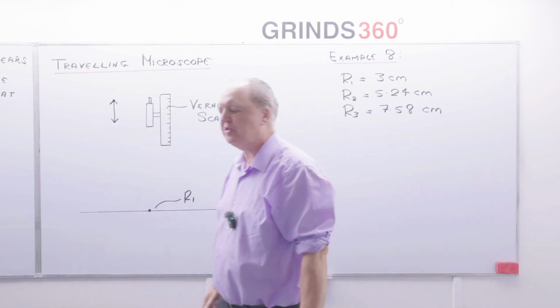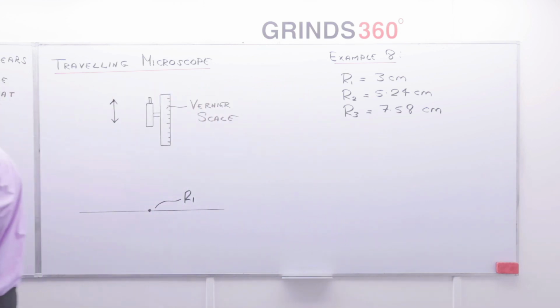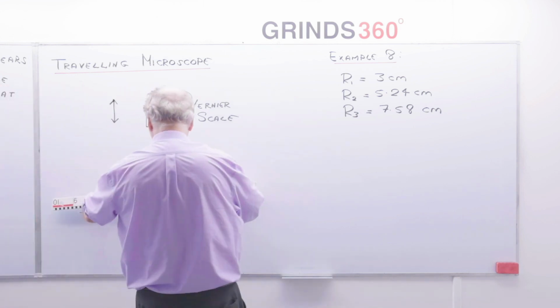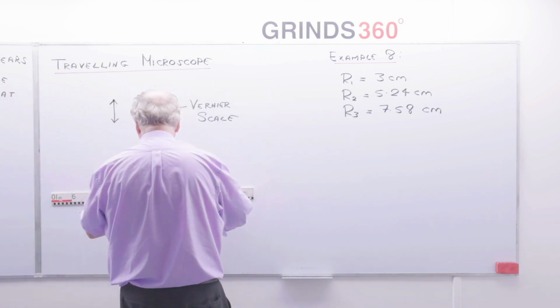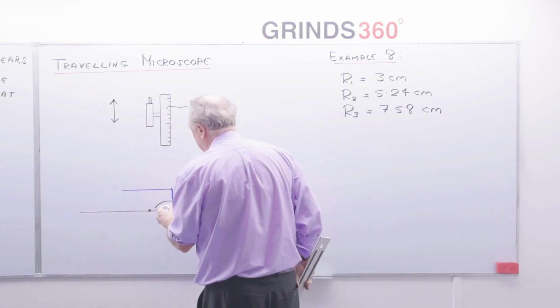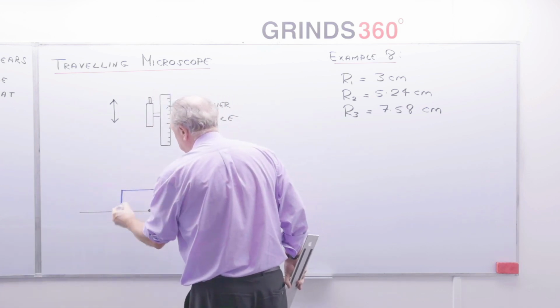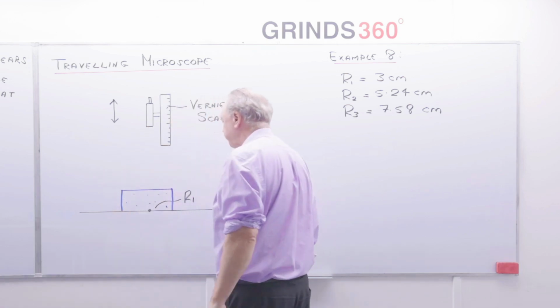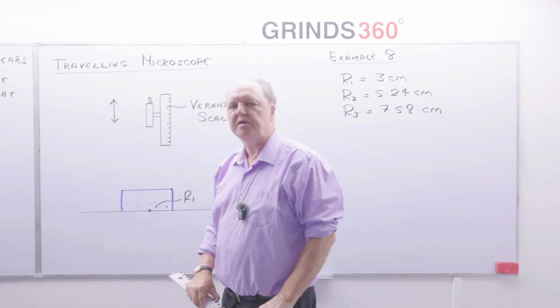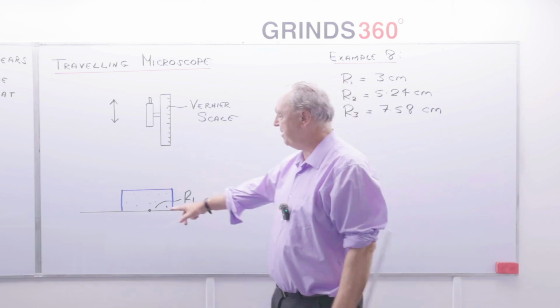Then you're going to put a block of glass on top of it. So here's my block of glass, and I'm going to put it down on top of that mark. Now you're going to focus on it again. But you see that mark there?